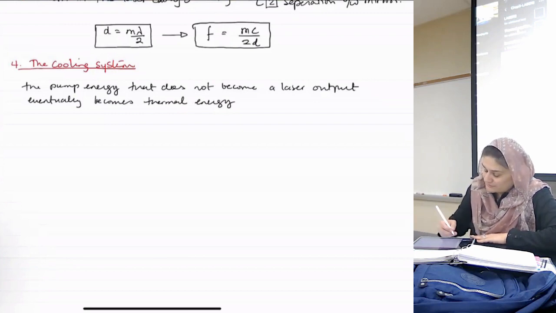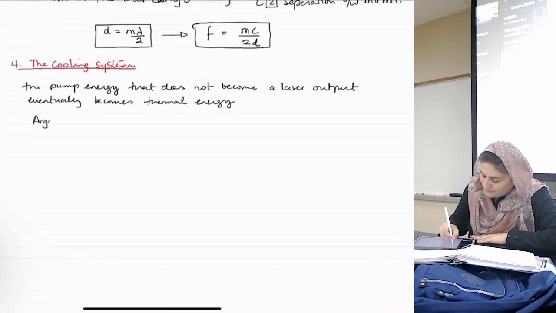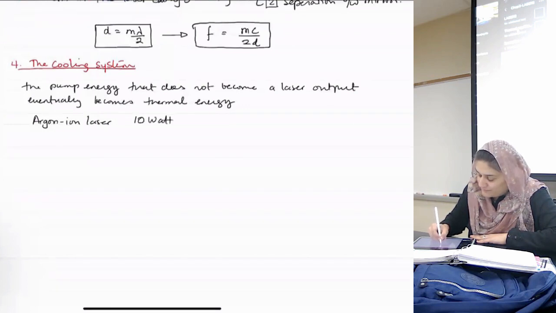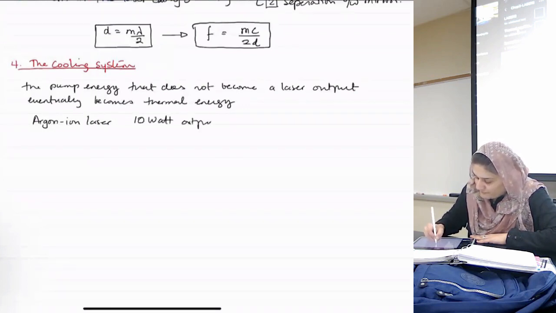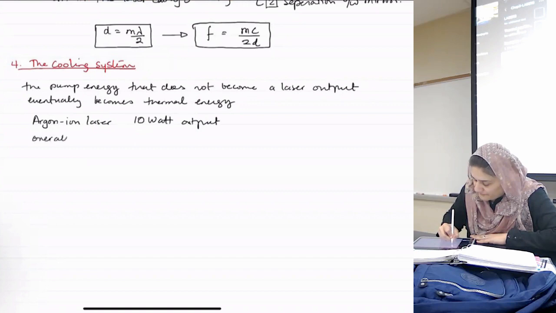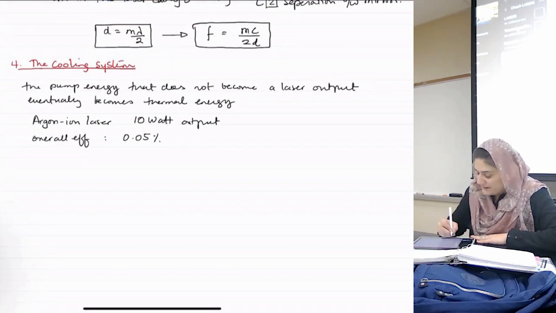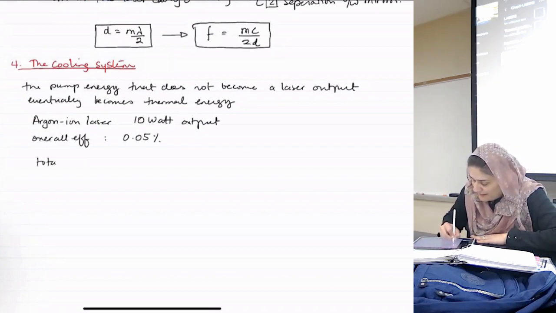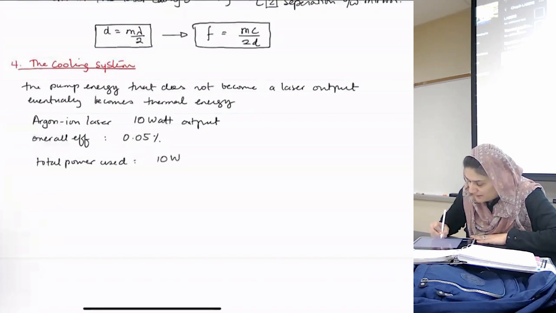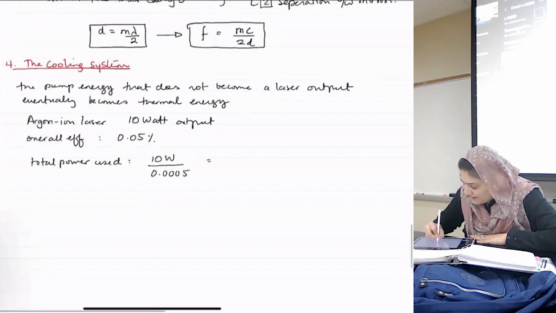So as an example, for an argon ion laser with a 10-watt output only, the overall efficiency is about 0.05%, which means my total power used for a 10-watt laser divided by its efficiency is 20,000 watts.